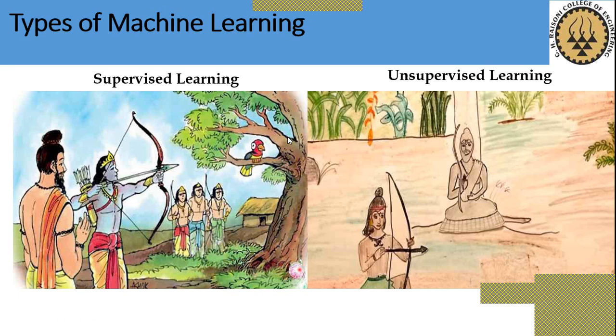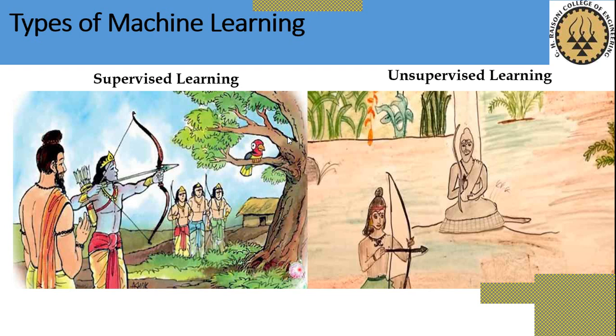While in unsupervised machine learning, or the unsupervised learning type, we can see the person learns by himself. There is no instruction given by any person.